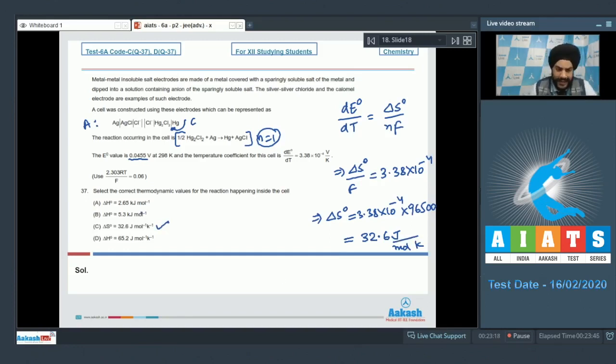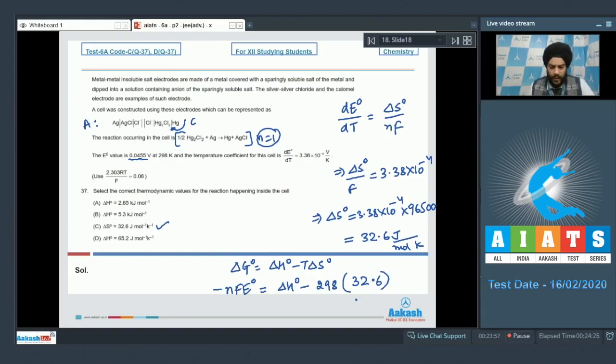Now if we talk about the delta H, students, we have delta G0 is equal to delta H0 minus T delta S0, students. The value of delta G0 can be written as minus nF E0, students. And delta H we have to find out. The value of temperature is 298 Kelvin, and the value of delta S0 we had just calculated is equal to 32.6. So now we can just put the values, students.